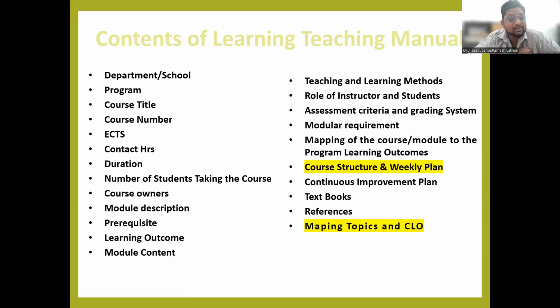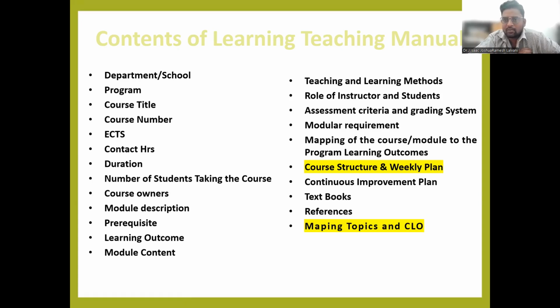For example, in my case I added an example for ICE engines, and again course number, the credits, contact hours, duration, number of students taking the course, course owners, module description, prerequisite, learning outcome, module content, teaching and learning methods, role of instructor and students, assessment criteria and grading system, modular requirement, mapping of course and module to the program learning outcome. All this you can directly take from your curriculum.